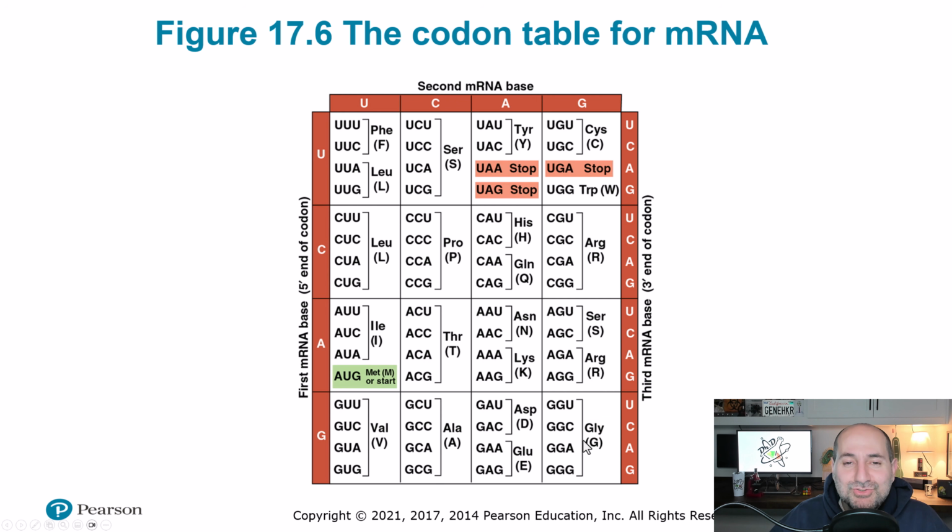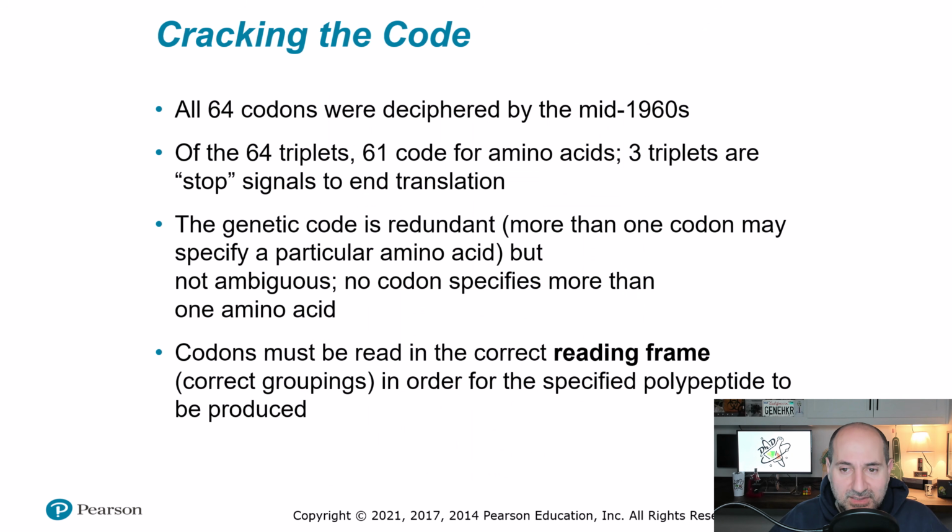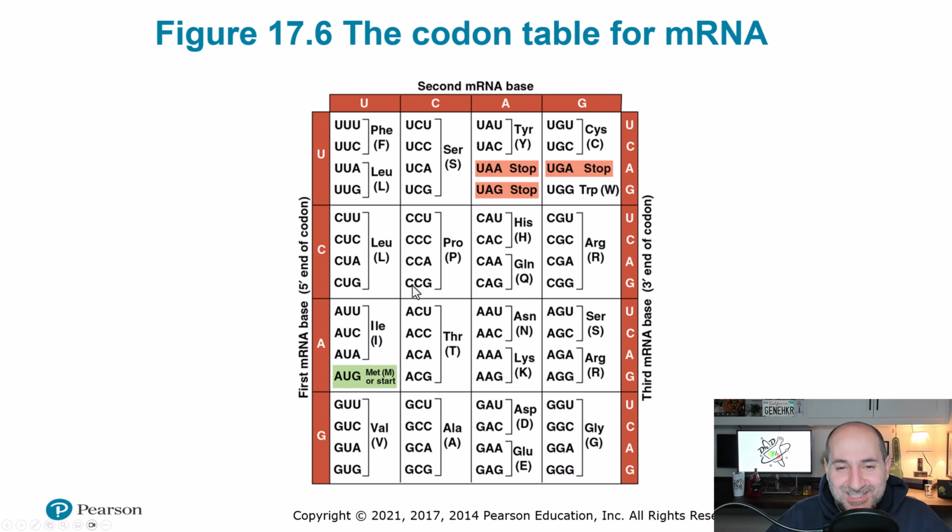However, I need you to understand something very important, and that is that the genetic code is not ambiguous. Which means what? It means no codon specifies more than one amino acid. So although the genetic code is redundant, meaning more than one codon can code for a particular amino acid, the genetic code is not ambiguous.